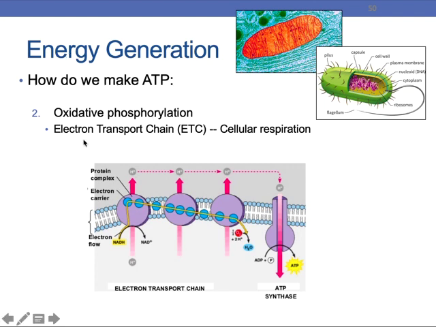Now, the second one is called oxidative phosphorylation. It occurs in the electron transport chain. We'll talk about it briefly. But for that to happen, you need a final electron acceptor.